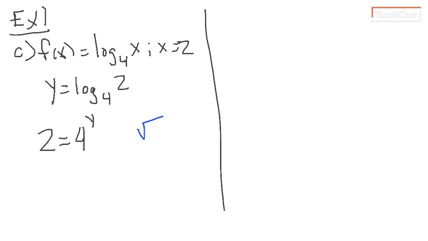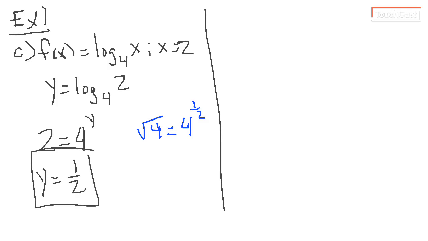The square root of 4 is the same thing as 4 to the 1/2 power, which means if we're solving this logarithm problem, y is going to equal 1/2, because 4 to the 1/2 is the same as the square root of 4, which gives us 2.